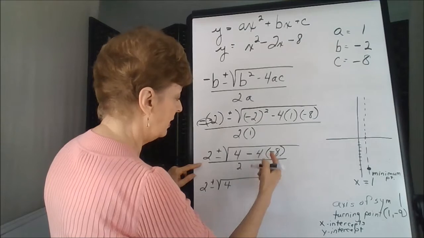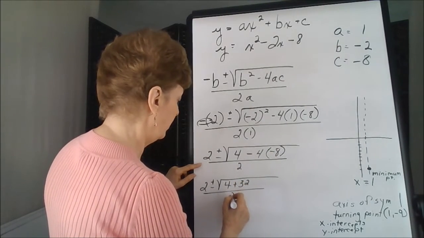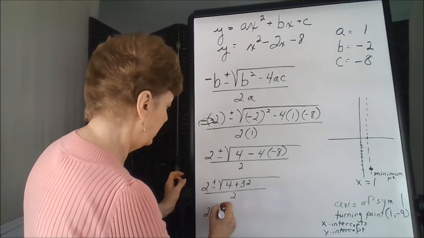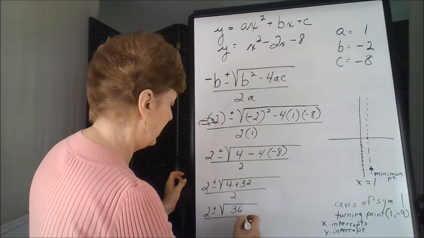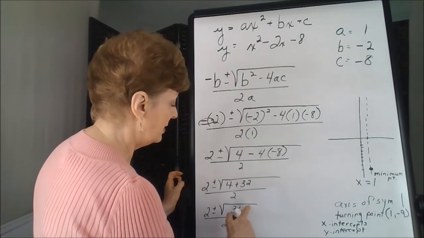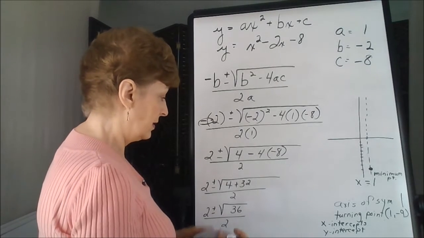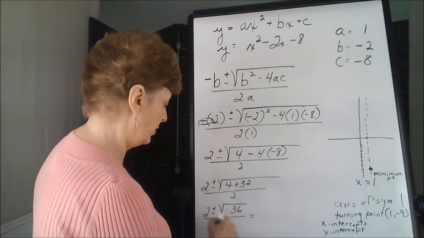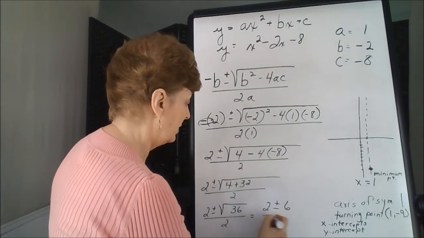Negative times a negative is a positive, 32, divided by 2. 2 plus or minus the square root of 36 divided by 2. Well, that's nice. This is a perfect square. So this turns into 2 plus or minus 6 divided by 2.